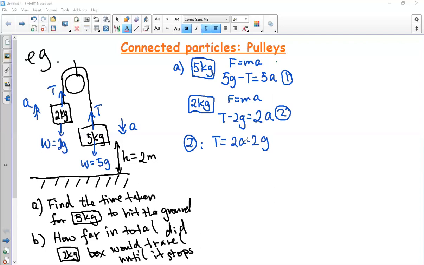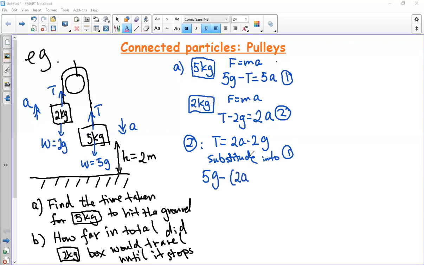And we're going to substitute this into equation 1. We will get 5g minus T. Now remember, T is being replaced, so we have to put a bracket.